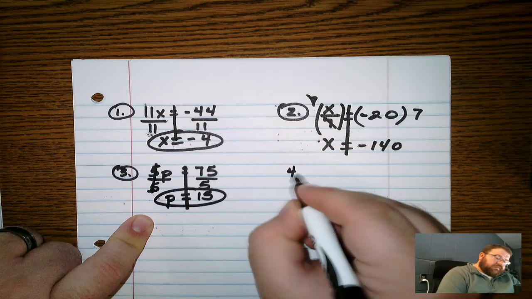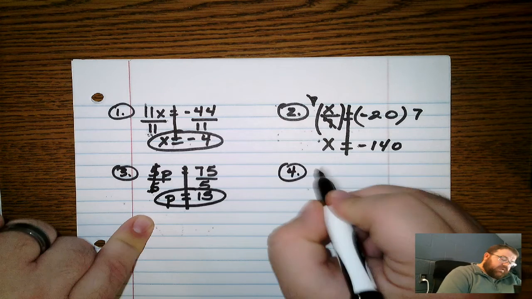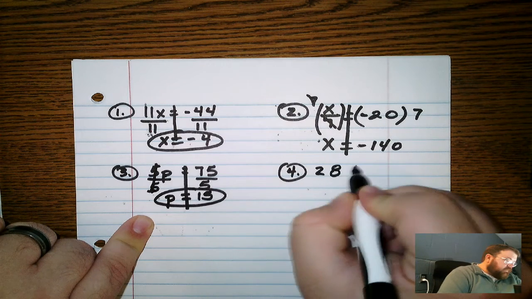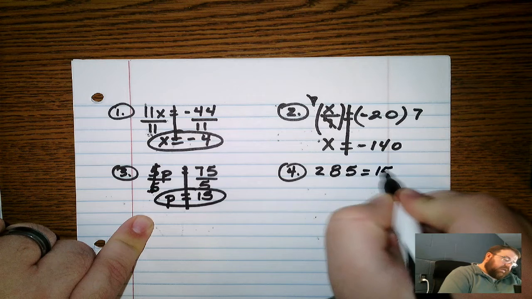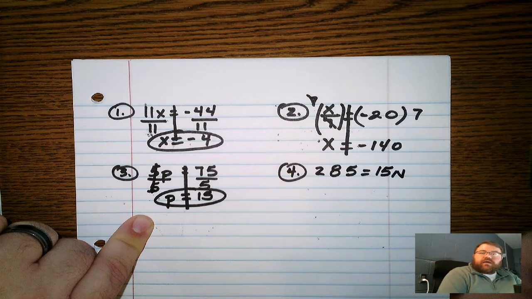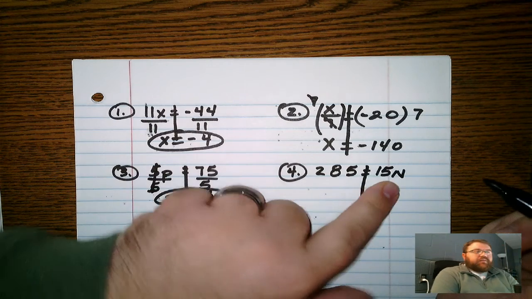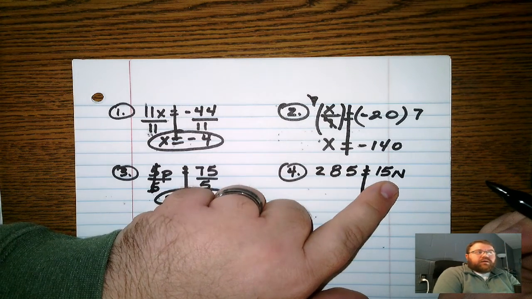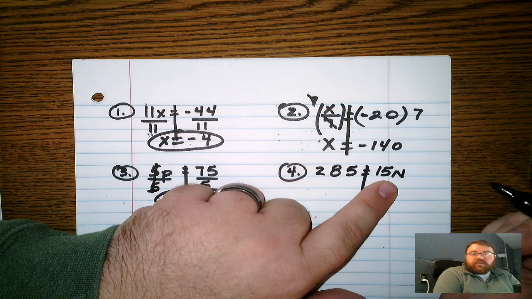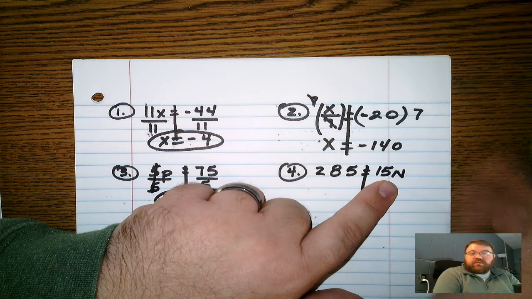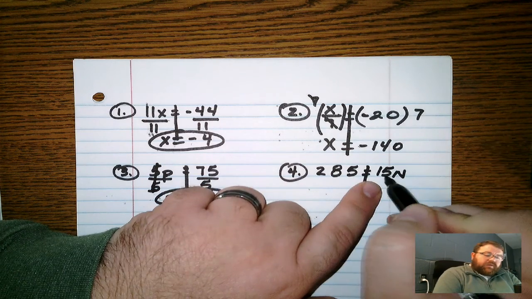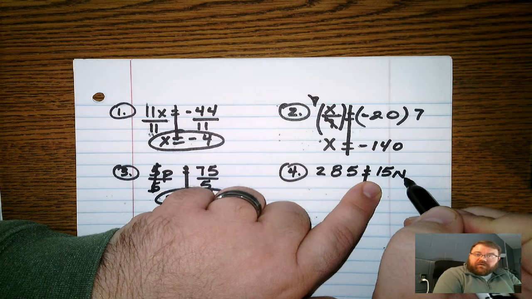Number 4 is 285 is equal to 15n. I'm going to draw my line separating the two sides. Find my variable. Now this one is on the opposite side than what we have seen so far, but it doesn't matter. We're going to do it the same way. The 15 is trying to multiply my variable.